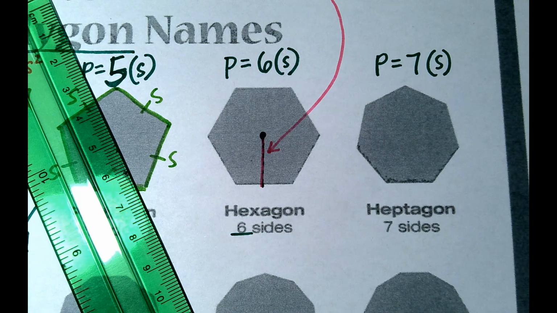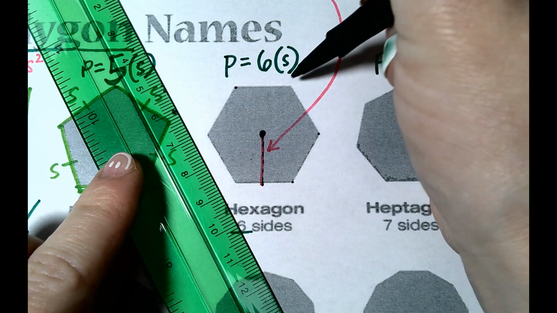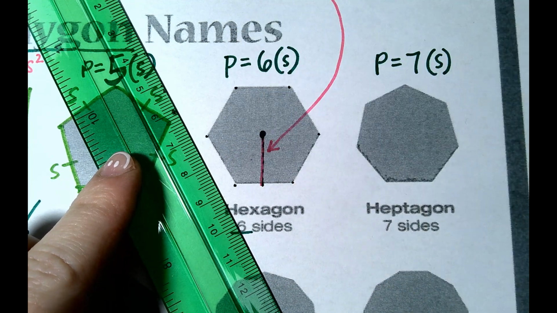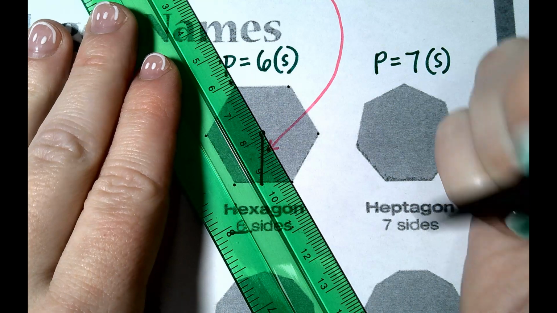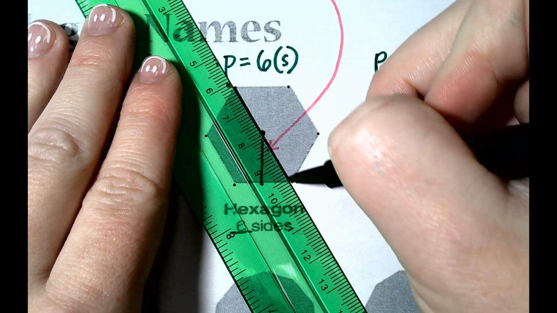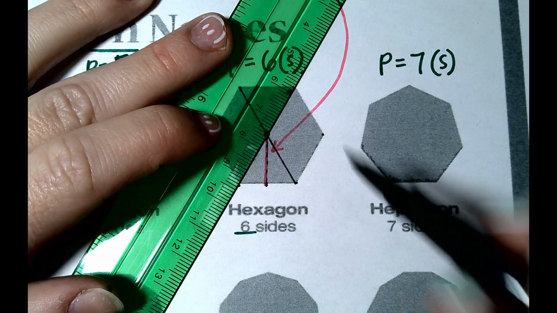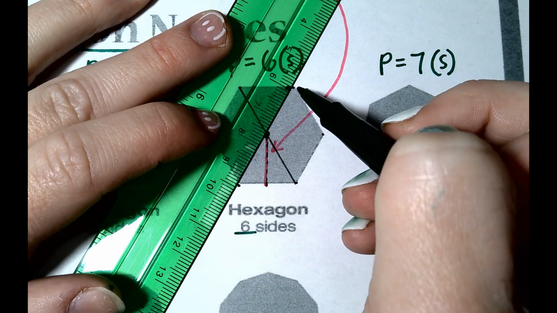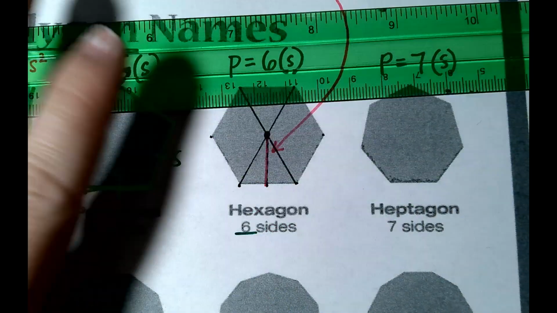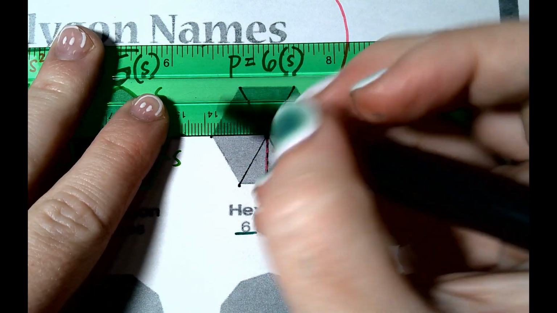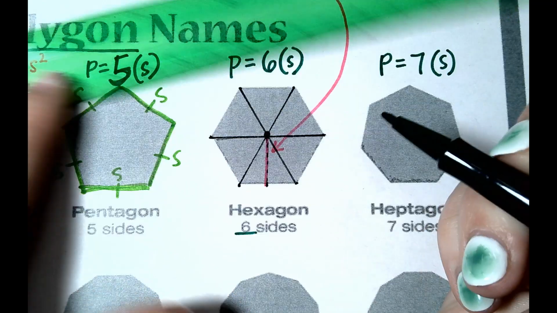If I draw lines through every single point on my hexagon here, here's what happens. I am going to take that goes to the center, and that, and here's that.